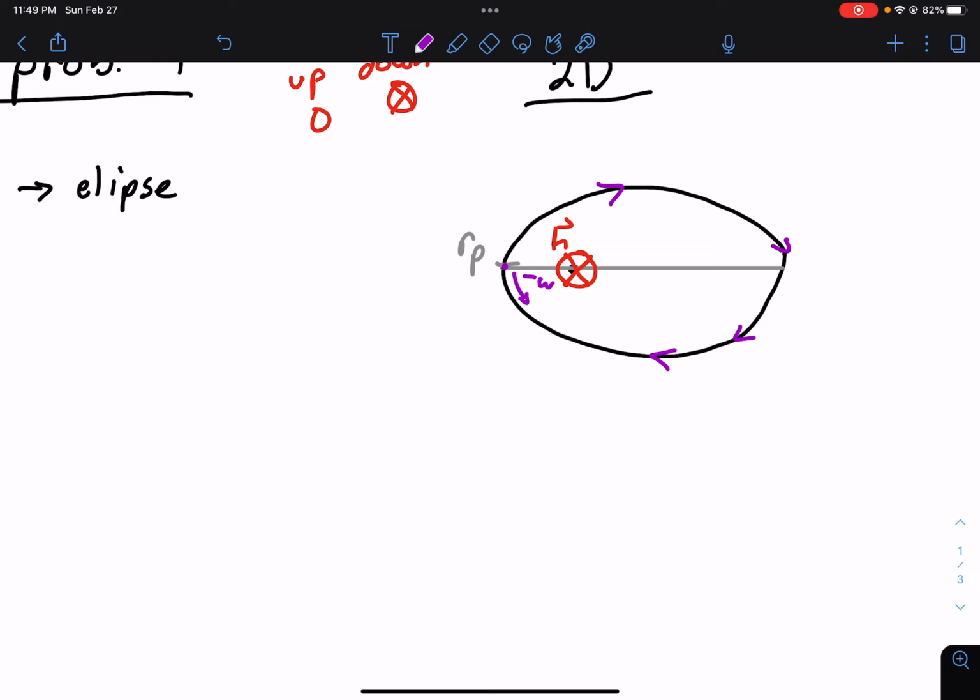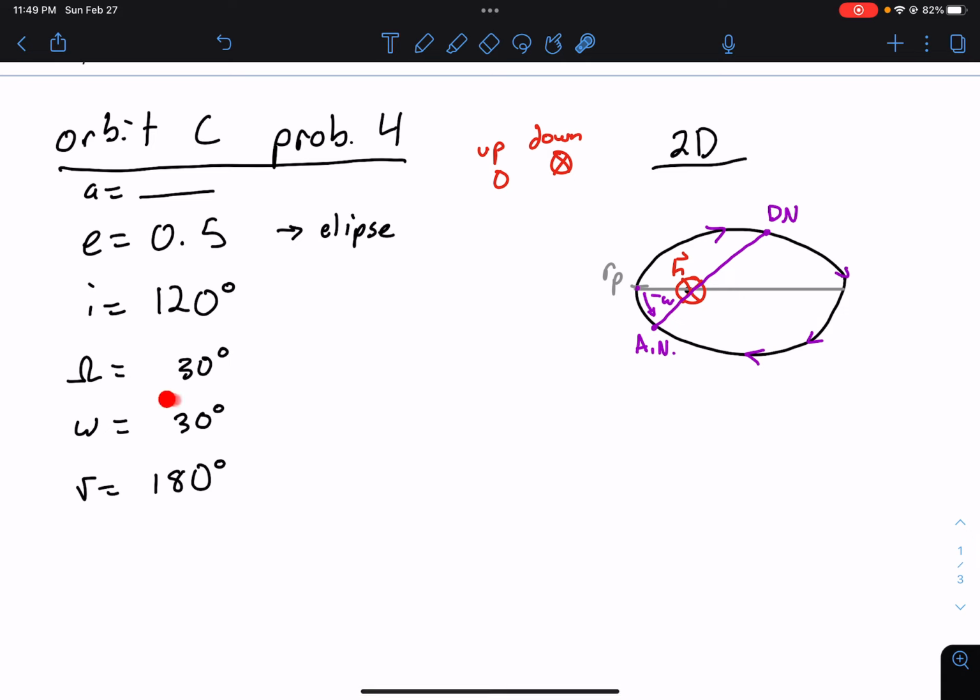All right. And so it's about that line. This is the descending node. This is the ascending node. Now, a couple things on this. Why are we given positive small omega if we're just going to use the negative omega?